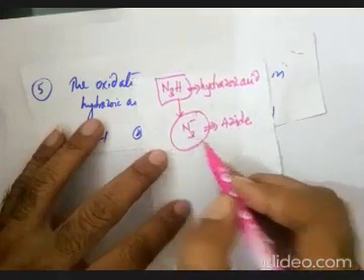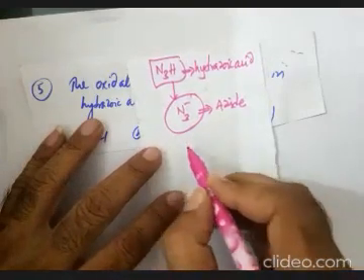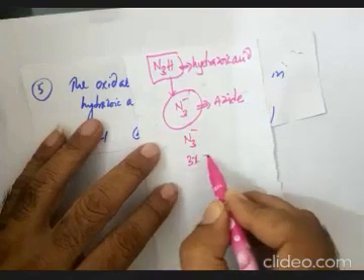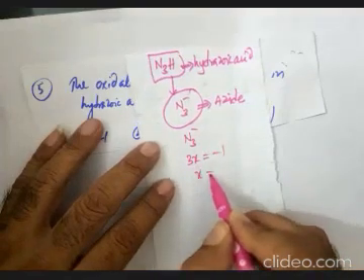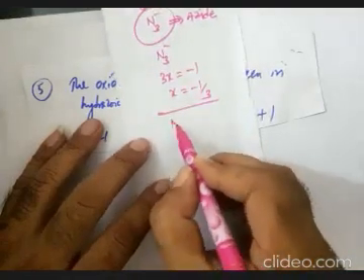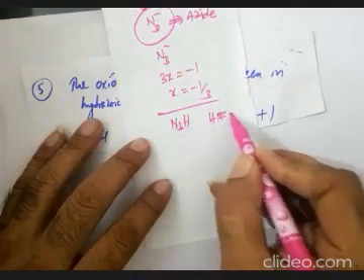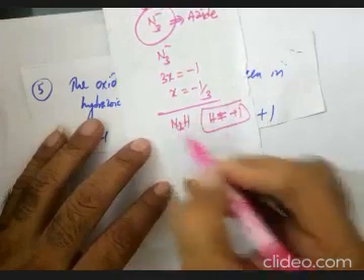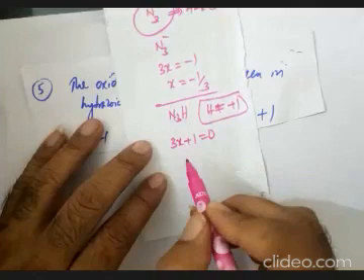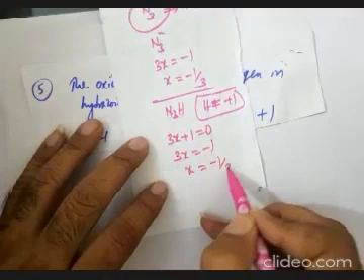In azide, nitrogen oxidation number is what? Such type of question also possible. In N3 minus, you can calculate 3x is equal to -1, x is equal to -1/3. Or similarly in N3H also same way. Hydrogen is +1, so 3x plus 1 is equal to 0, 3x is equal to -1, x is equal to -1/3.